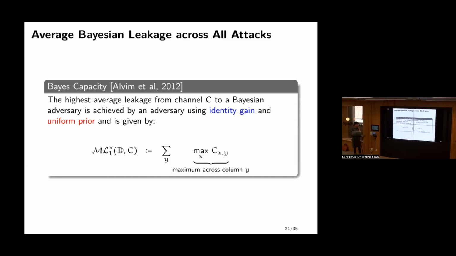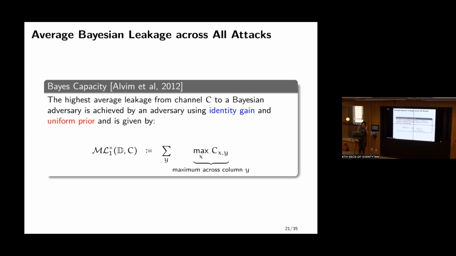Then there is a result, not by us, that goes back more than 10 years, which talks about the maximum leakage in the average sense. The key word here is average. The highest average leakage from a channel C to a Bayesian adversary is achieved by an adversary with the identity gain, the same gain function that we showed as an example, and with a uniform prior.